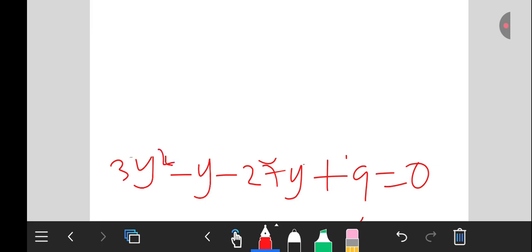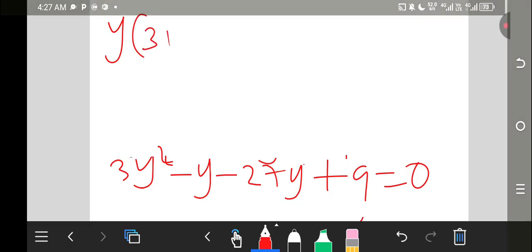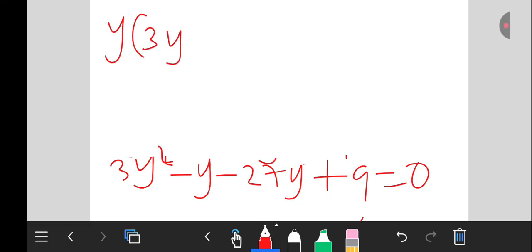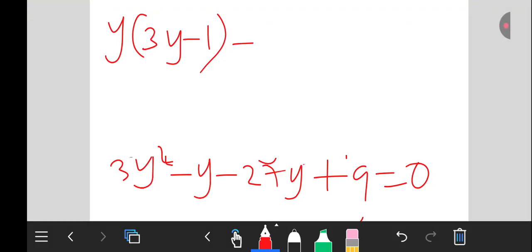Okay, this is raised to the power 2, mind you. So you can factorize in pairs here. You can say y, open bracket, excuse me, we have 3y minus 1 there. Then here we can factorize, actually factorize negative 9, not plus 9.